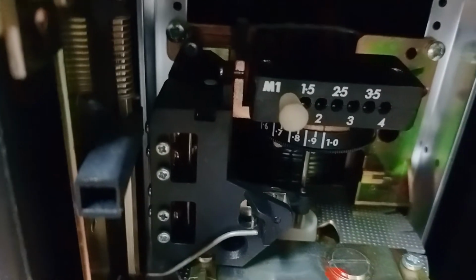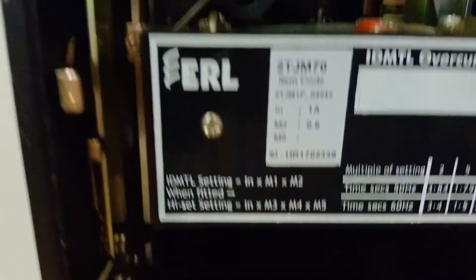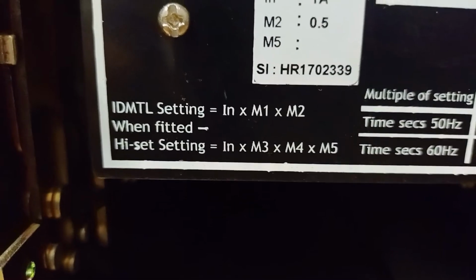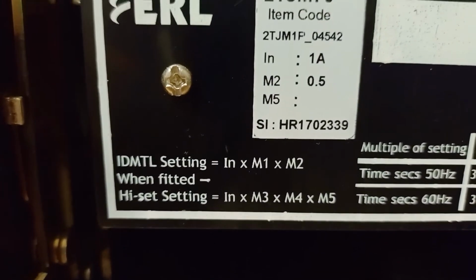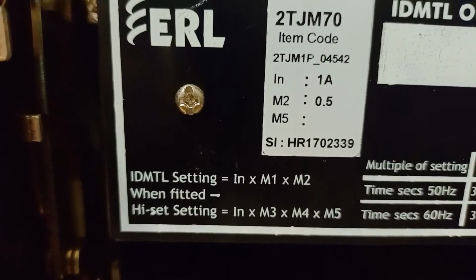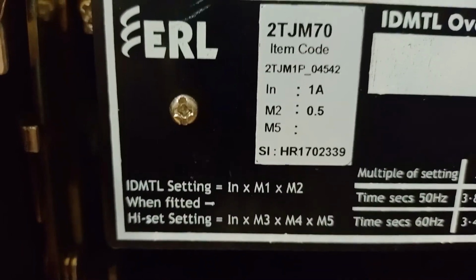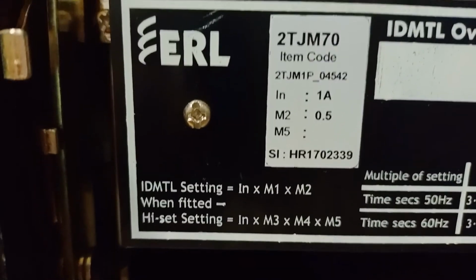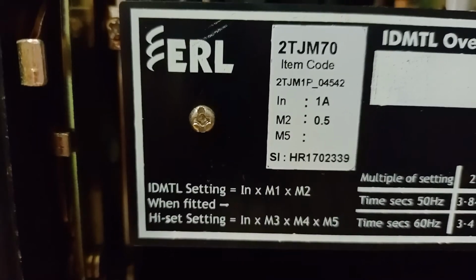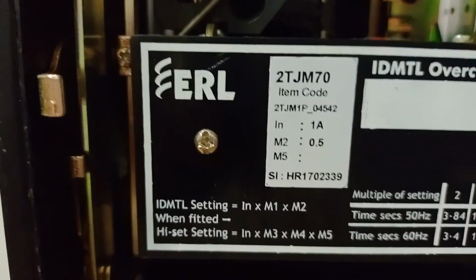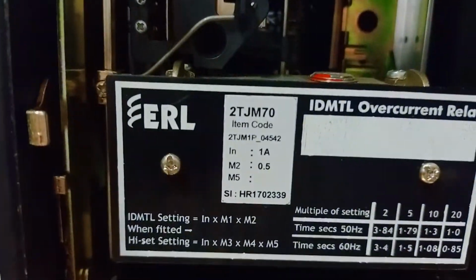So if PSM is 1, then the current setting becomes 1 amp into 1 into 0.5. So the fault current setting will become 0.5 amps. If 0.5 amps flow through this relay, the relay will pick up and actuate the tripping circuit.